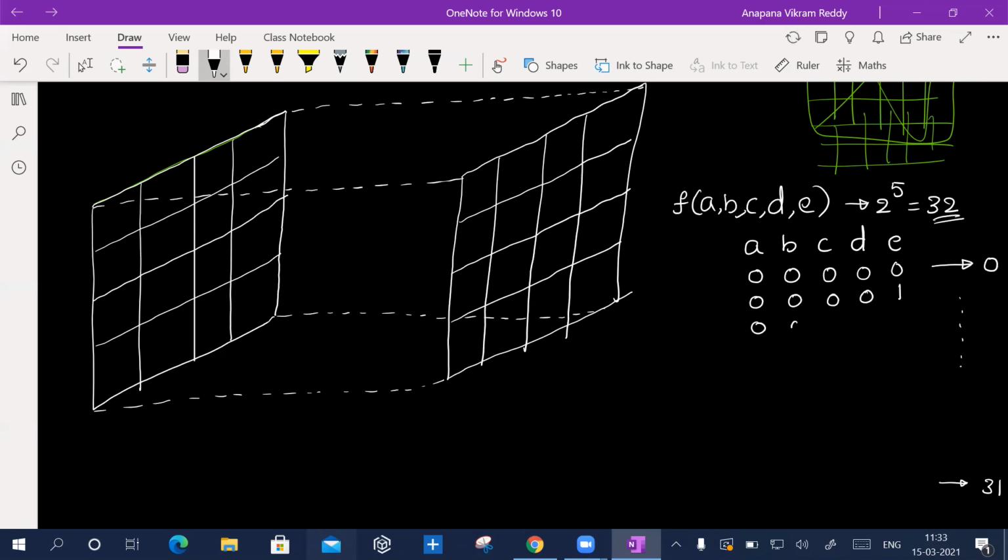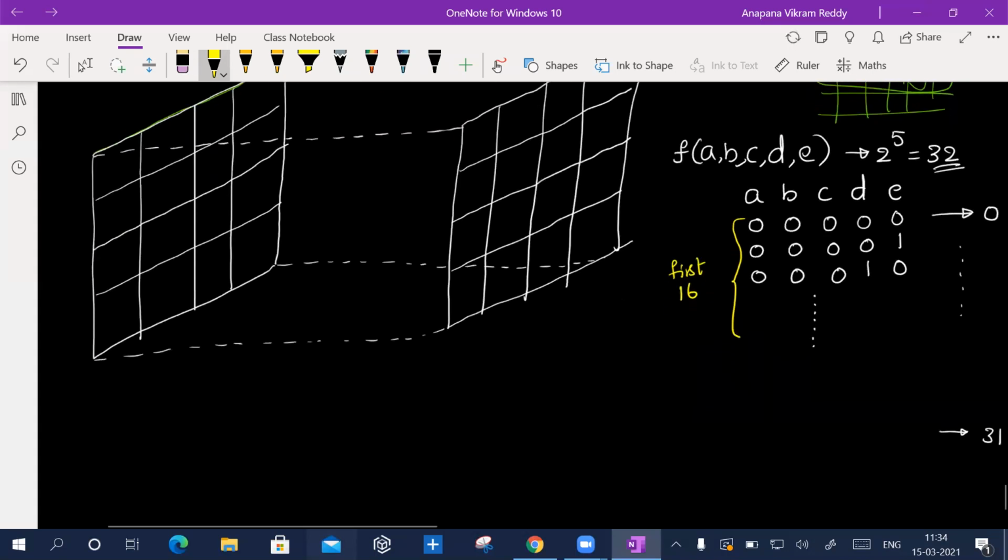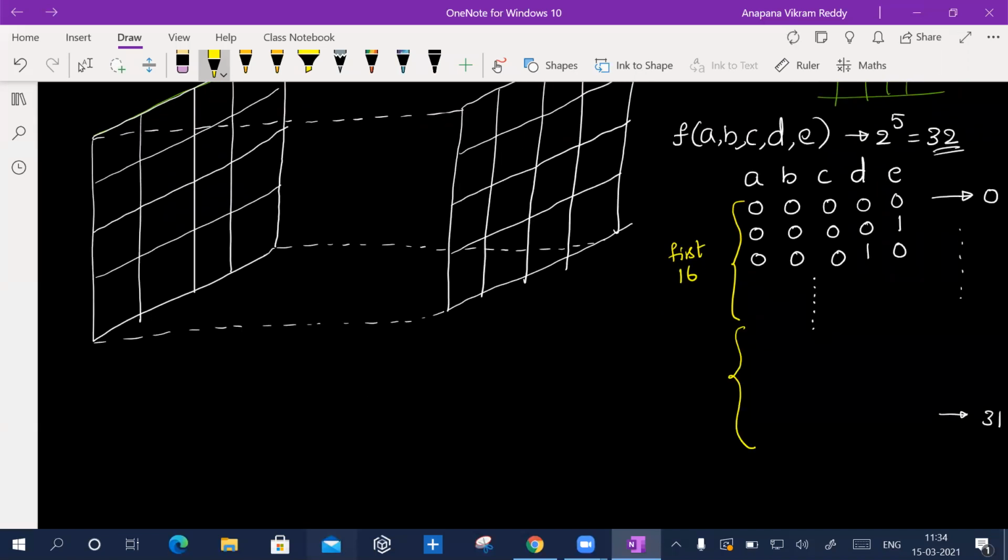Then 0, 0, 0, 1, 0, and so on. First 16 cells is this, and second 16 cells, let me remove this here.